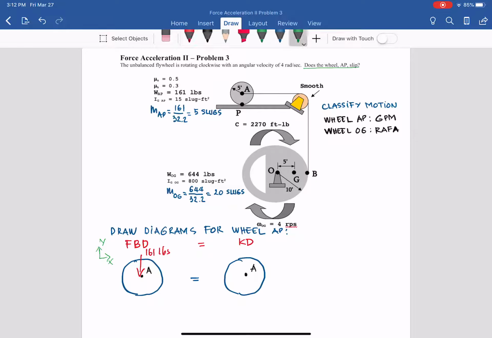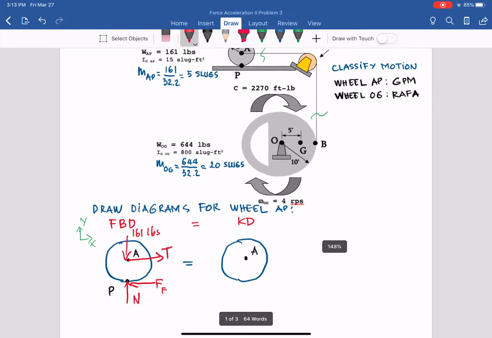If we cut the cable, we can replace it with the tension of the cable, which hooks through A. At the point of contact P, we have the normal force going up, and we also have a friction force. We don't know the direction yet, so we can assume any direction. Let's assume it goes to the left. That's all we have for the free body diagram for wheel AP.